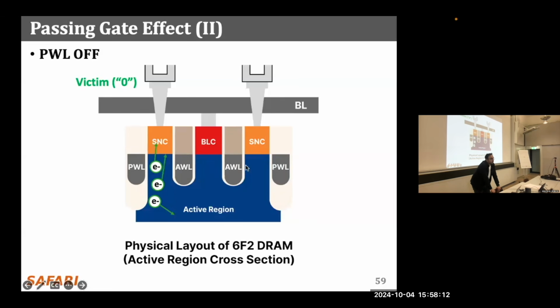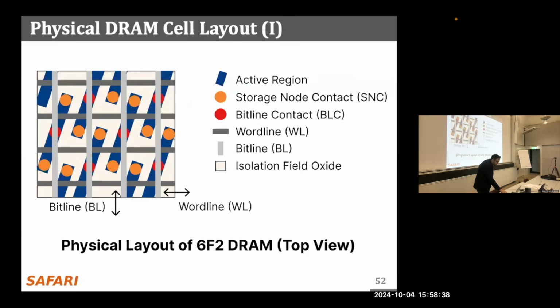Then with this, it's impossible to RowHammer at distance three, right? You can only hammer your neighbor and your neighbor's neighbor, but you cannot hammer more than that, right? If you hammer this word line, you can induce bit flips here, across this active region, let's say.